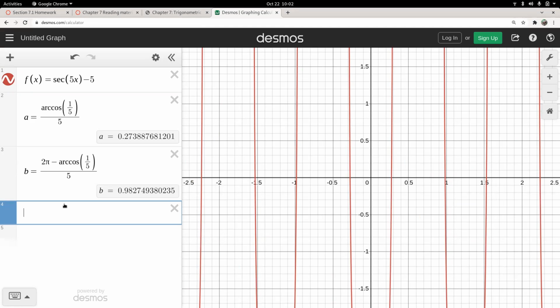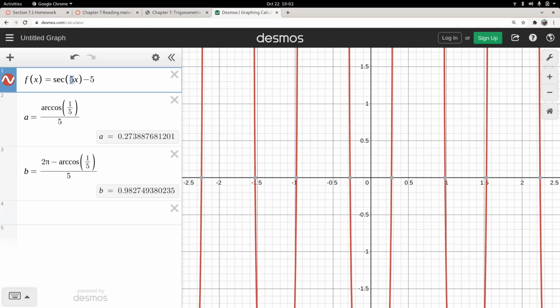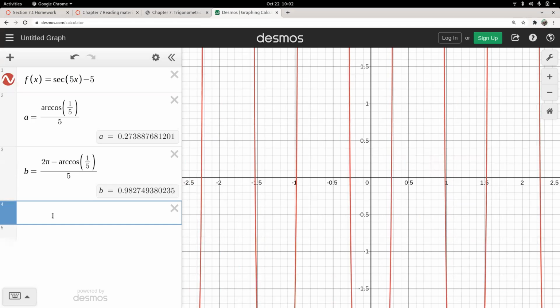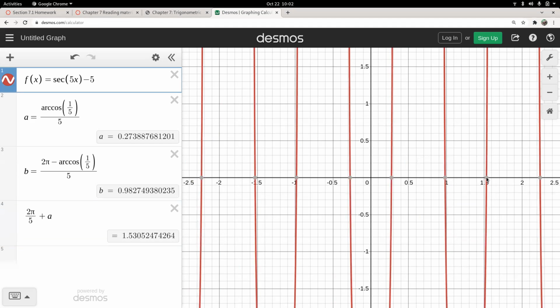And then we use the period of the original function to get other ones. So the period's 2 pi over 5. So if I take 2 pi over 5 and add that to my solution A here, 1.531 should be this one. And there it is.